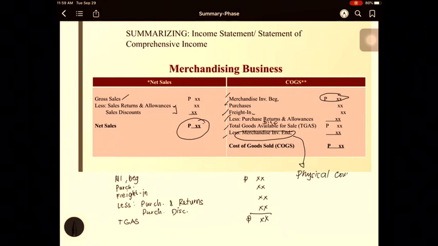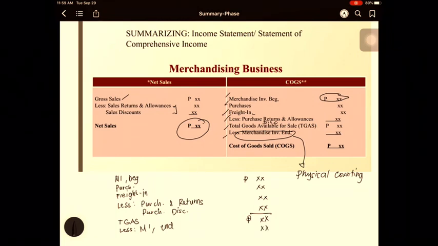So the business will conduct a periodic physical counting of the inventories that they are going to sell. After computing for the figures, we may now deduct here the amount of inventory that were physically counted at the end of a particular period.